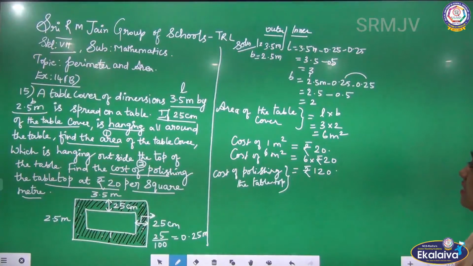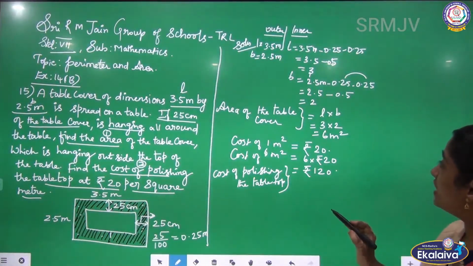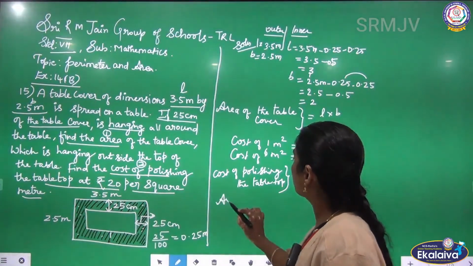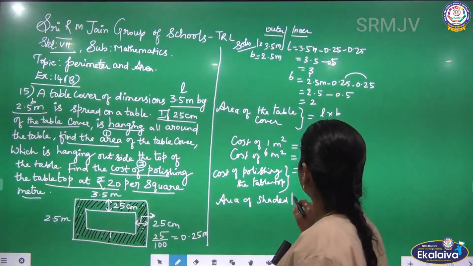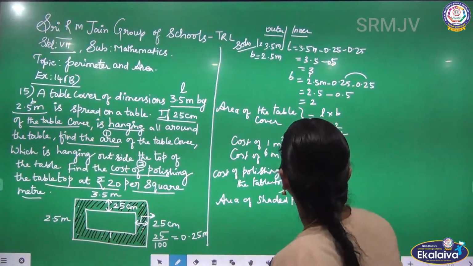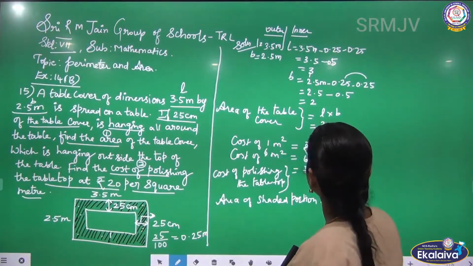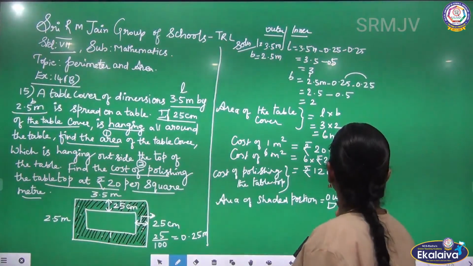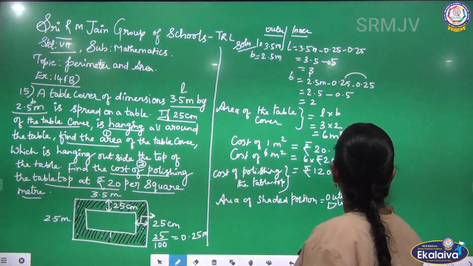Can you understand this? Now I am going to find out the area of the shaded portion. Listen, what is that? Area of the shaded portion is equal to, listen, the outer rectangle minus inner rectangle.